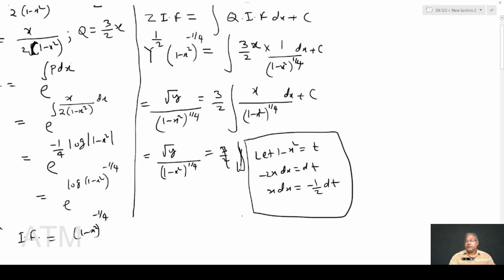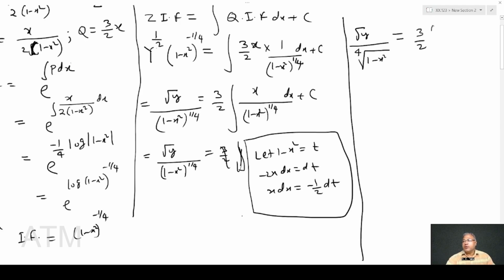Therefore it becomes root y upon the fourth root of (1 minus x square) equals 3 by 2 integration of 1 upon t raised to 1 upon 4 and minus 1 by 2 dt plus c.